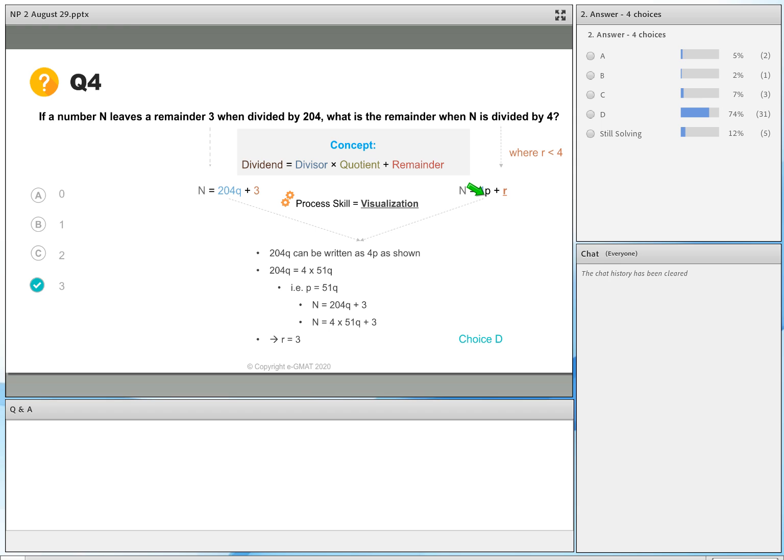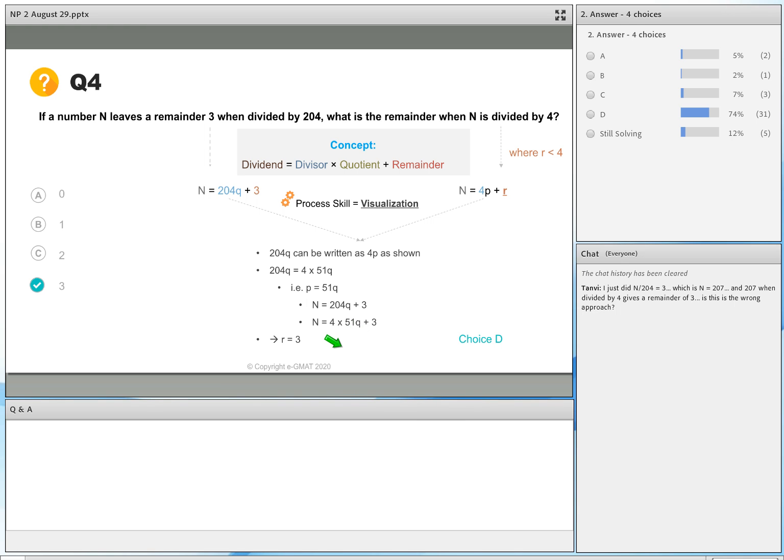That is what becomes my P, right? So it's 4P, the entire 51Q. And so I can rewrite 204Q plus 3 as N is equal to 4P plus 3. So R, if you compare it with this one, R is 3. It is definitely less than 4, so it matches the condition, and I'm done.